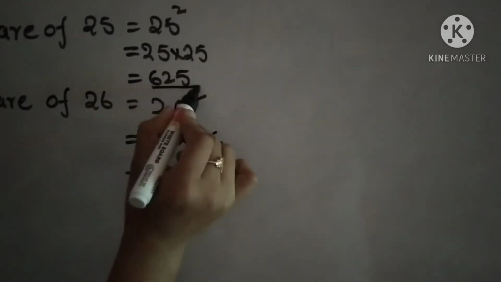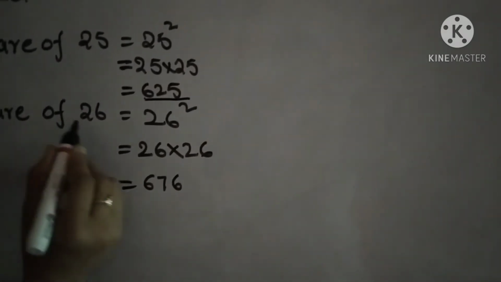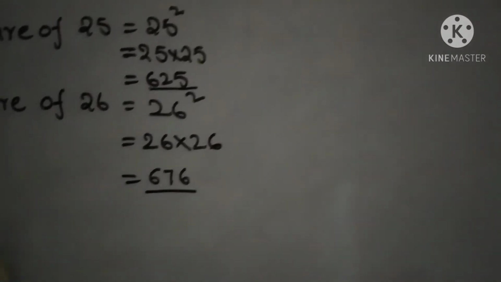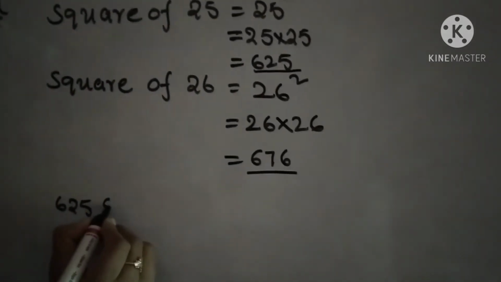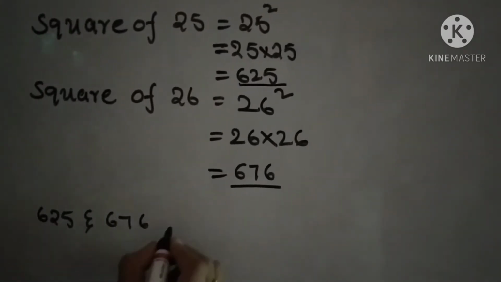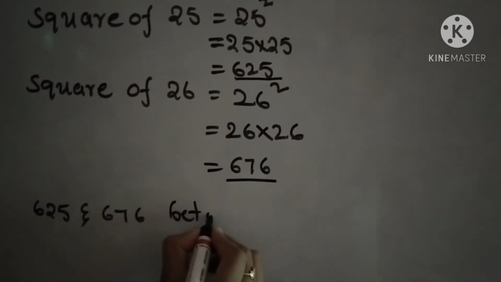So the square of 25 is 625. The square of 26 is 676. Now write the numbers between 625 and 676.